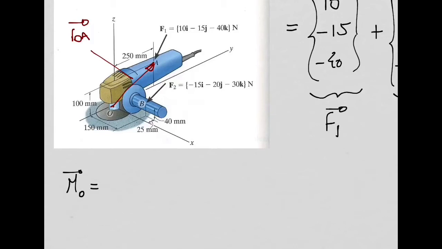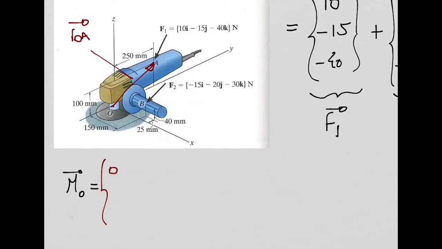And that's what I need to define now for the cross product. To obtain the moment, I need to do the cross product of the position vector with the force. So you tell me, what is the x component of this position vector, ROA? You all agree 0? Yeah, it looks like a 0. What about the y component?